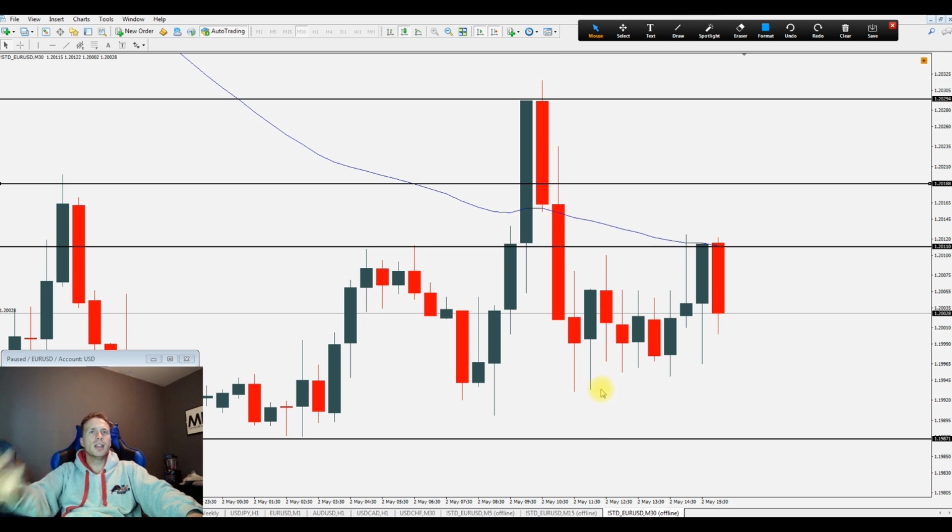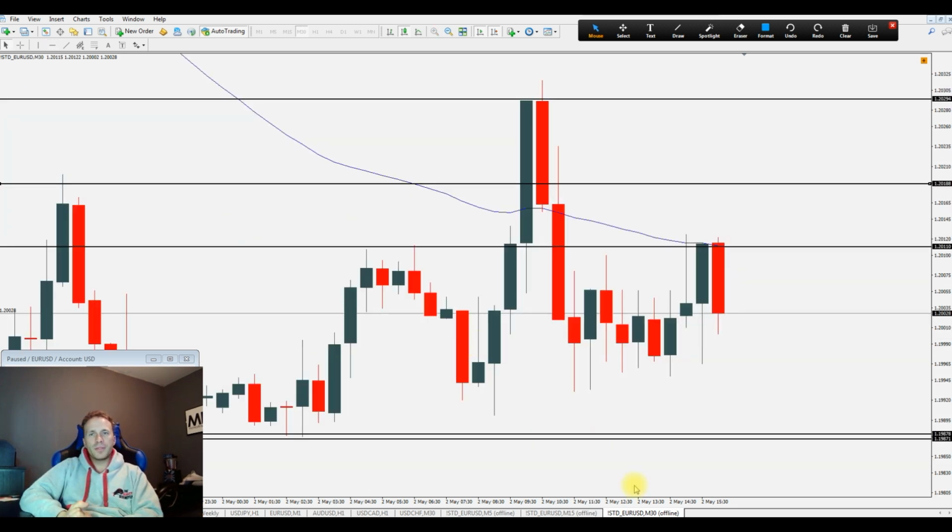And my target, my take profit, needs to be at the support area at the bottom. Now, my take profit is going to be at this support line, but I want it a few pips above the support line. Meaning, when the price does come down, it's going to hit my take profit before it hits my support line.